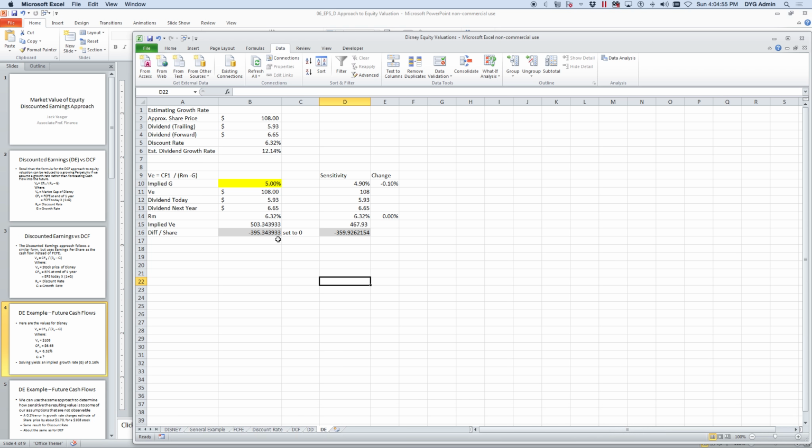So when I go over to my spreadsheet, I just made a copy of the dividend discount sheet, and we've adjusted some of this stuff. So $108 share price, no problem. EPS trailing was the $5.93. EPS for next year, so forward looking earnings per share, $6.65.